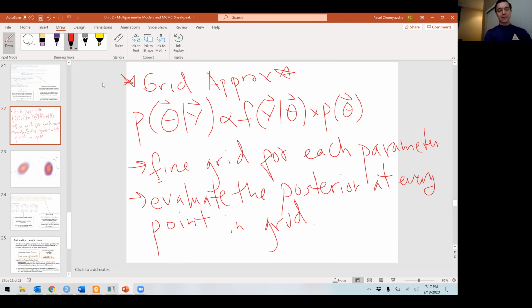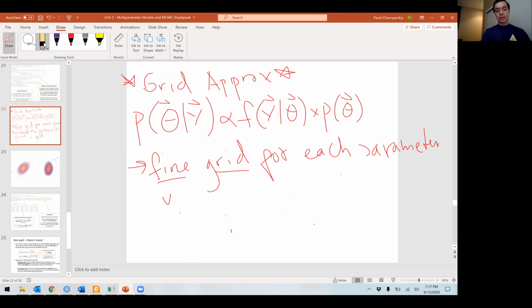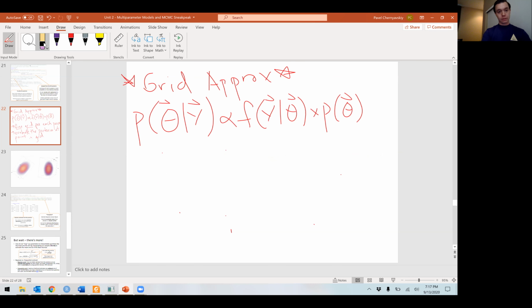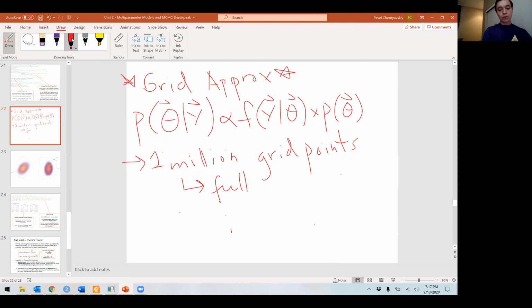You need to define a fine enough grid so that you can claim you actually have the full posterior in sight. So what we have done is we have estimated our posterior for a skew normal distribution. About 1 million grid points. And we're just going to say that is my full, true posterior.